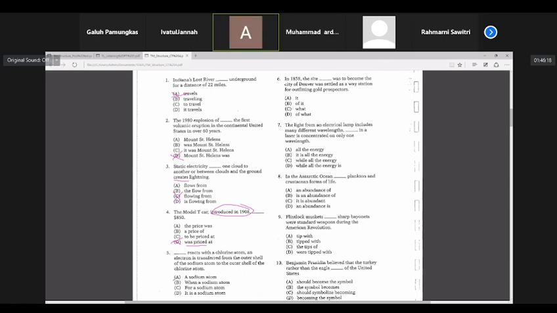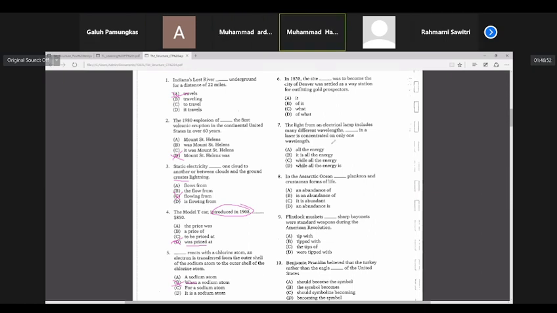B. B. Yes, when a sodium atom reacts with a chlorine atom, an electron is transferred. So here we have a closed and the connector is when. When a sodium atom reacts, blah, blah, blah, an electron is transferred.